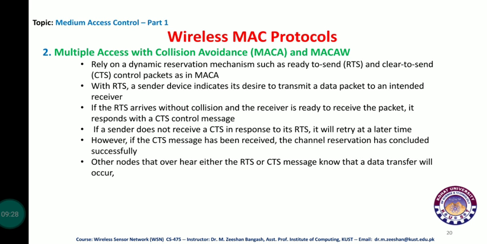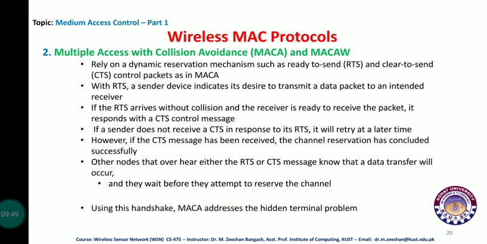However, if the CTS message has been received, the channel reservation has concluded successfully, so the sender will start transmitting. Other nodes that hear the RTS or CTS messages come to know that a data transfer is about to occur, and they will wait before attempting transmission or reserving the channel.